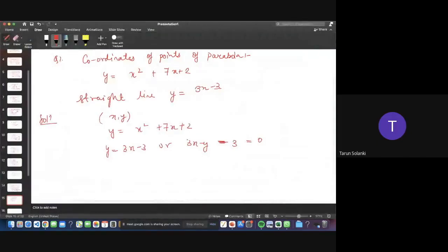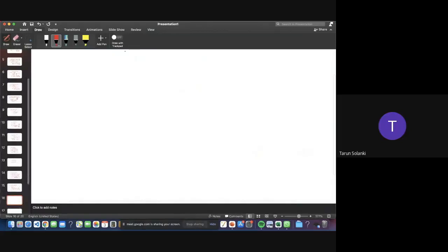So this is the line. Now d is equal to (3x minus y minus 3) divided by under root of 10. So which is equal to (3x minus (x square plus 7x plus 2) minus 3) divided by under root 10. So finally it will be mod of (x square plus 4x plus 5) divided by under root of 10.